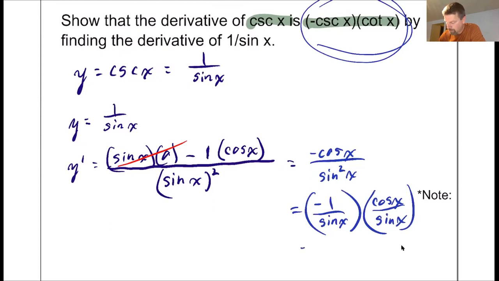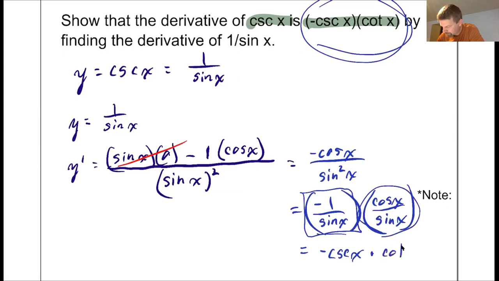But the reason splitting that up is nice is because this you should recognize. 1 over sine of x is cosecant, so that's going to be a negative cosecant because that's a negative sign right there. Times cosine over sine, that's our quotient identity for cotangent.